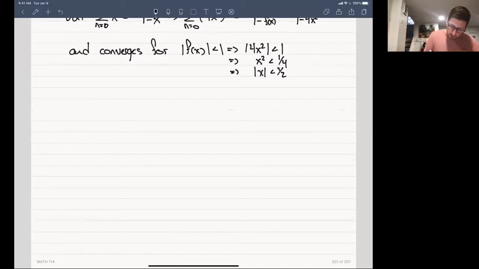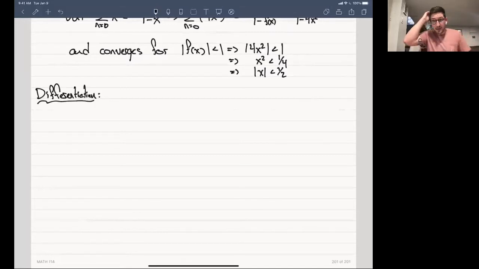So let me give you another result that says that we can do exactly this. We can take derivatives of these power series term-wise.